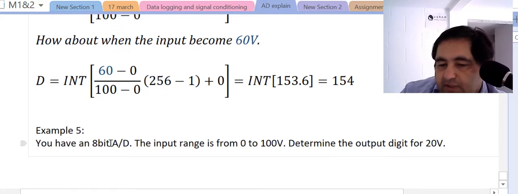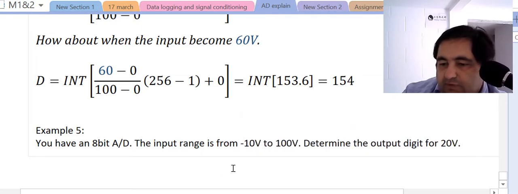This time you have an 8-bit input range. Let's keep the 8-bit, but now I'm changing the input range to be from -10 volt to 10 volt. Determine the output for the digits.